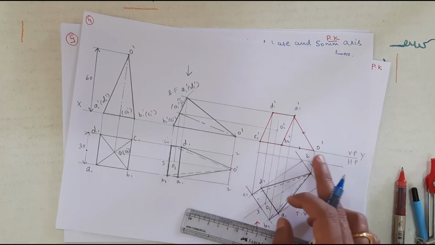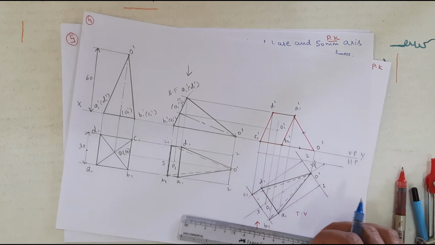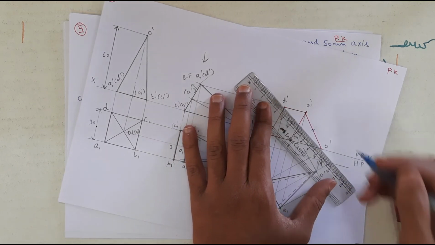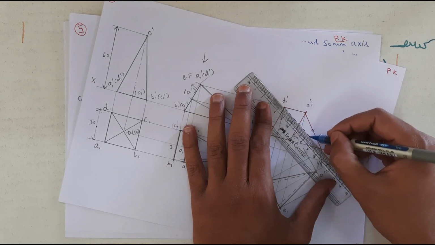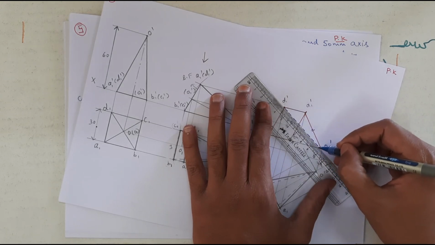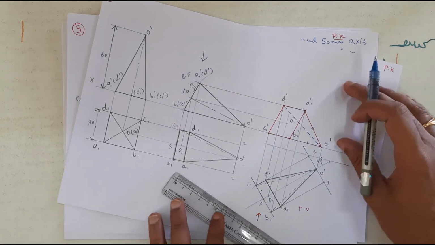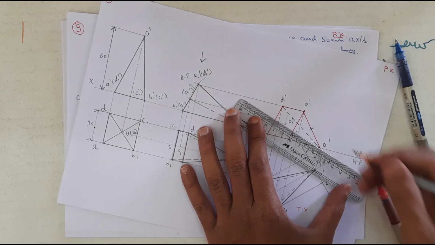See, C1 dash to O dash is overlapping with B1 dash to O dash. So therefore the only remaining slant edge is this one. See, we need to give importance to which one? Visible edges. So this is the final view, and also we have to represent the axis.